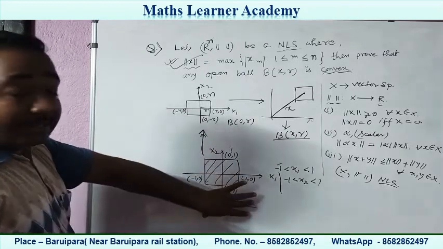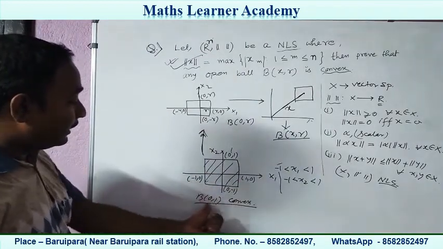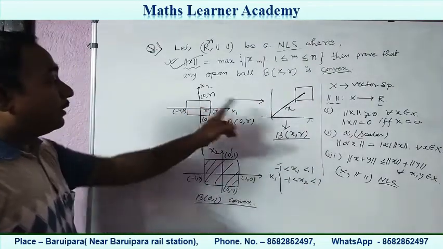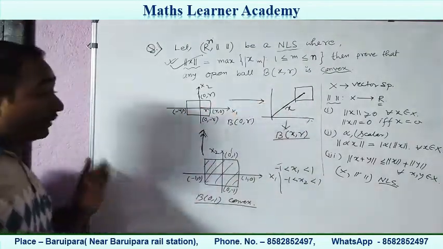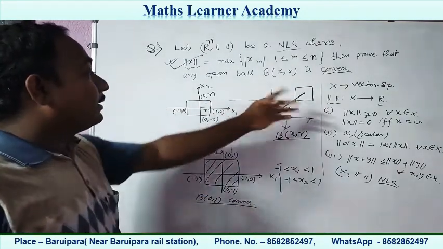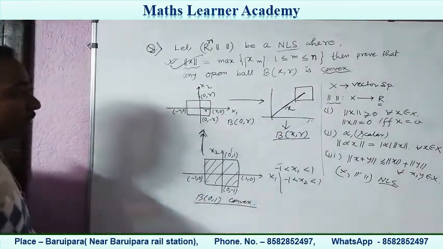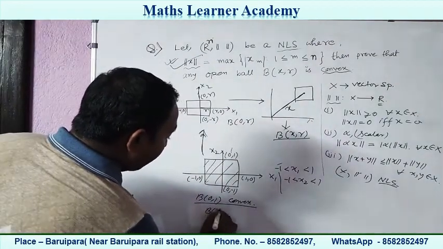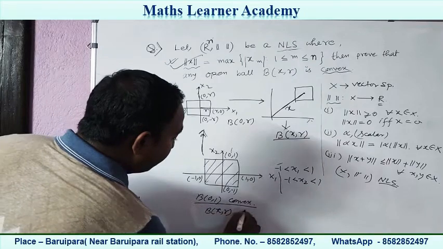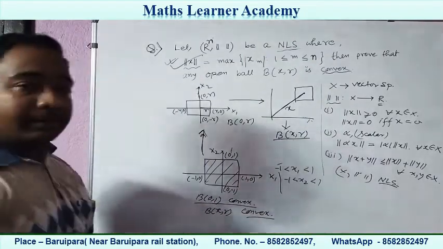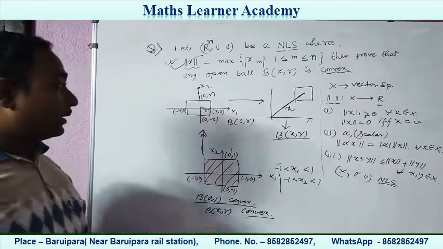So from this basis, that means the B(0,1) ball, we get this ball, and from this we get this ball. Since this is a convex set, it will be convex, and this is also a convex set. So that's why we can conclude that B(x,r) will be convex.